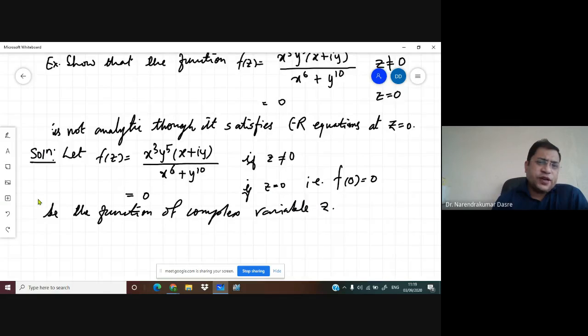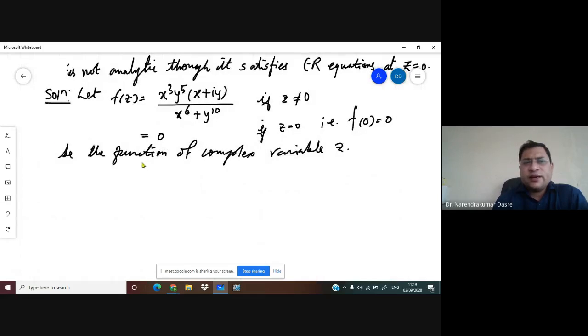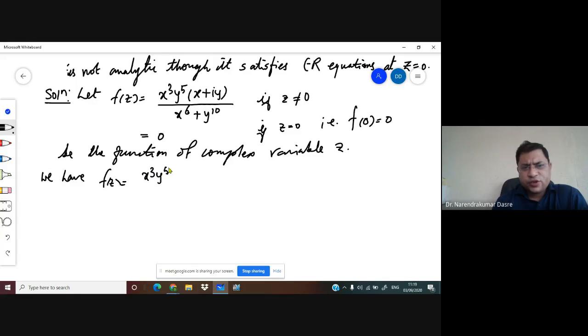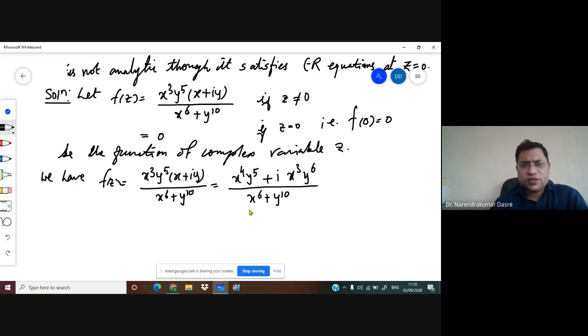Now our first step is to find out u and v so that we can test the CR equations. So we have f of z is equal to x cube y raised to 5 times (x plus iy) upon x raised to 6 plus y raised to 10. This is equal to, I multiply, (x raised to 4 y raised to 5 plus i x cube y raised to 6) upon (x raised to 6 plus y raised to 10).